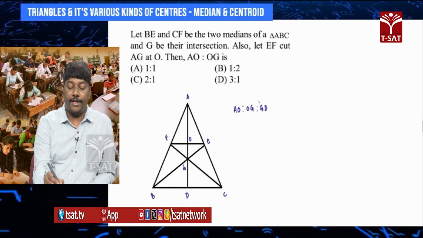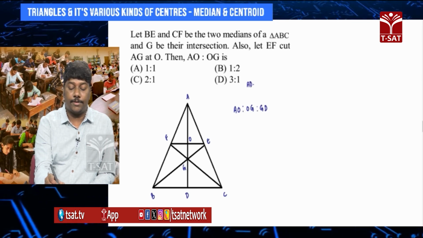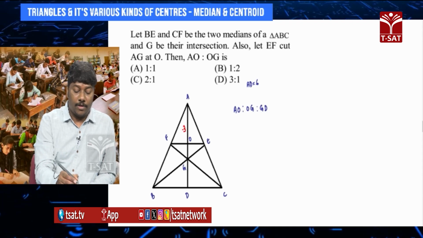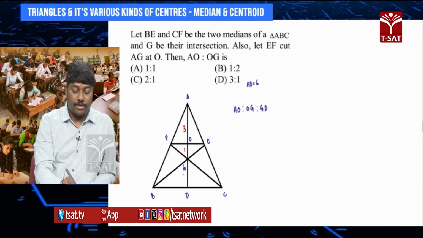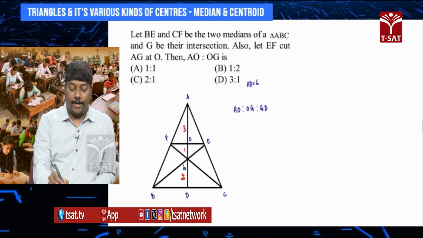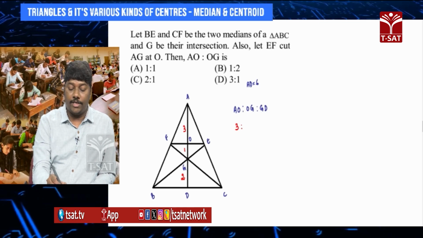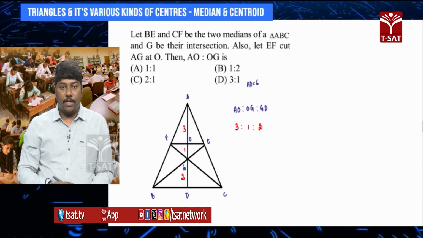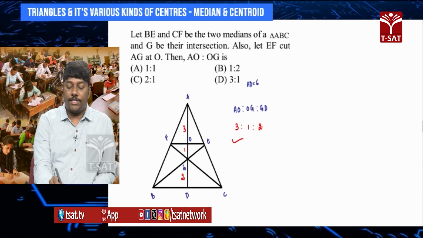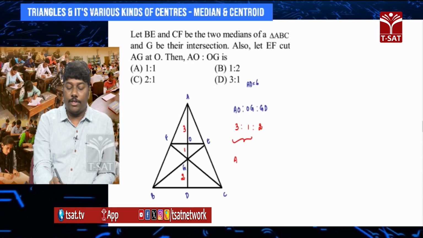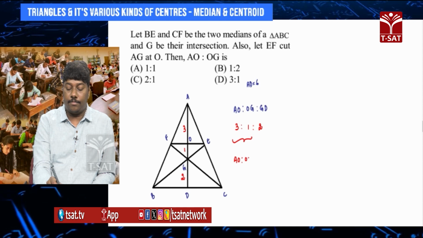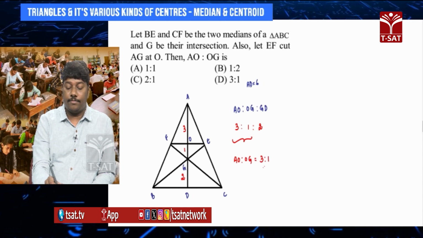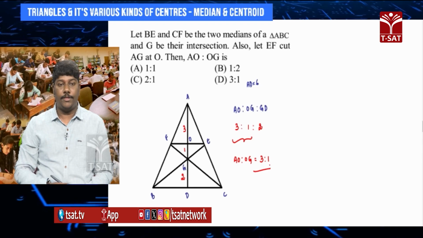We proved it by taking AD equal to 6. If AD is equal to 6, this is 3, this is 1, GD is 2. Therefore, this is 3 is to 1 is to 2. Here only a part of it is asked in the question, that is AO is to OG, which is equal to 3 is to 1. So, the answer is 3 is to 1 in this case.